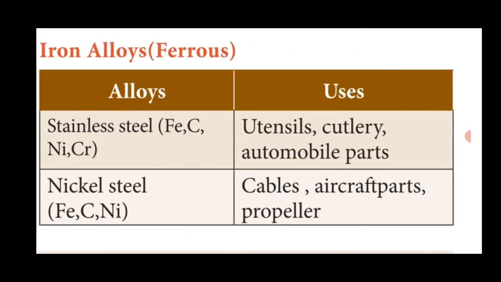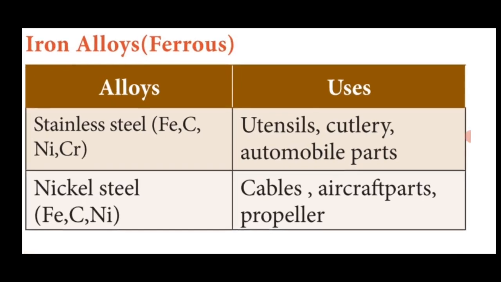Let's learn about ferrous alloys. Already we know what ferrous alloys are: iron is the major component. Examples of ferrous alloys: stainless steel, nickel steel. First learn about stainless steel.